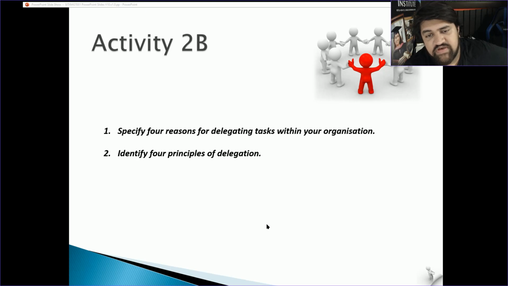All right, specify 4 reasons for delegating tasks within your organization. Identify 4 principles of delegation.